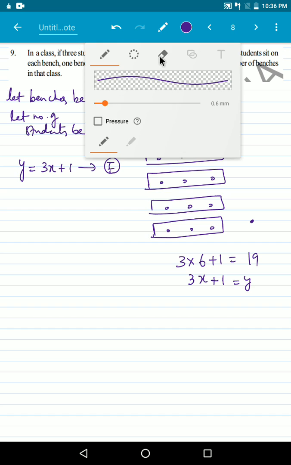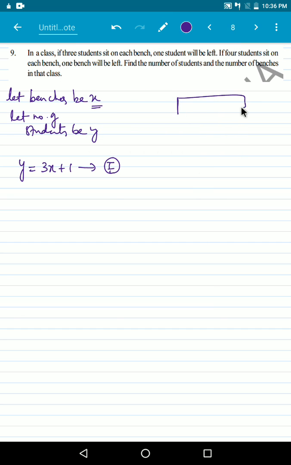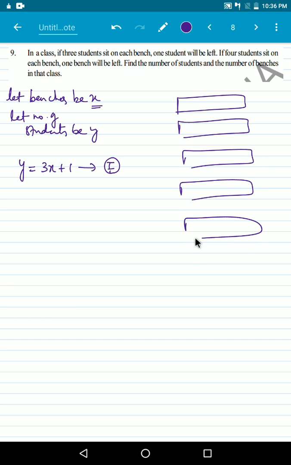Let me just erase this. Now let us go for the second condition. See, if 4 students sit on each bench, let us say we have 6 benches again, like this, and if 4 students are sitting on each bench, 1 bench will be left.